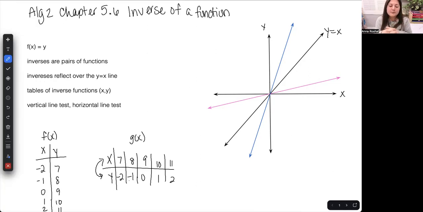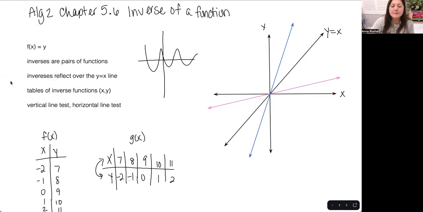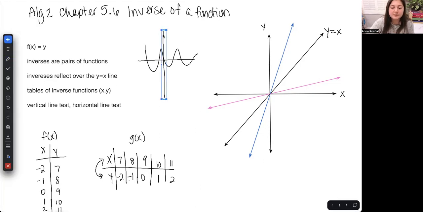And then we also remember that whenever we have a function, for example, one that looks like this, I know that if I take my vertical line test, my graph will never hit more than one point at a time vertically. However, my graph will hit multiple places horizontally.